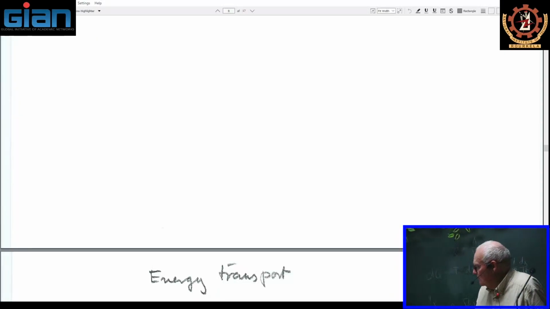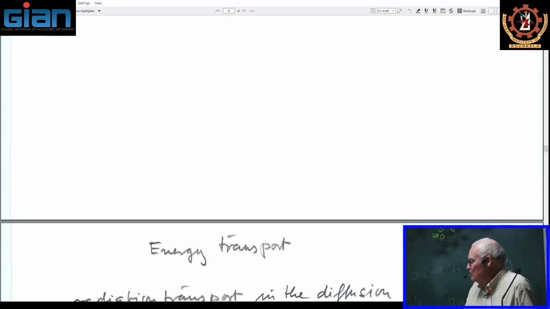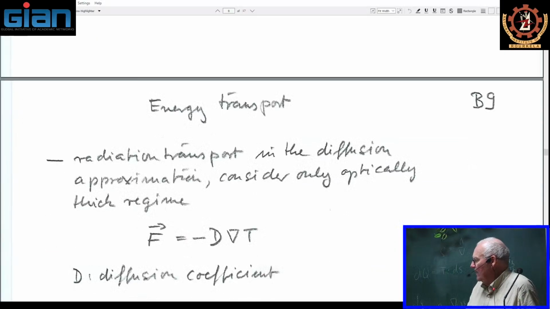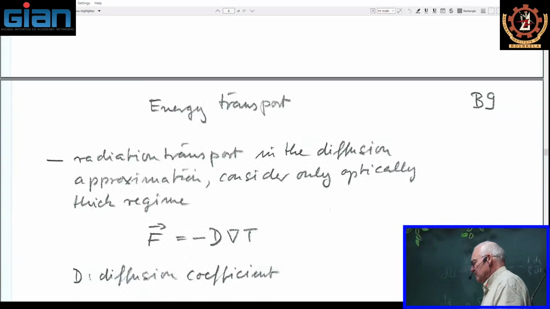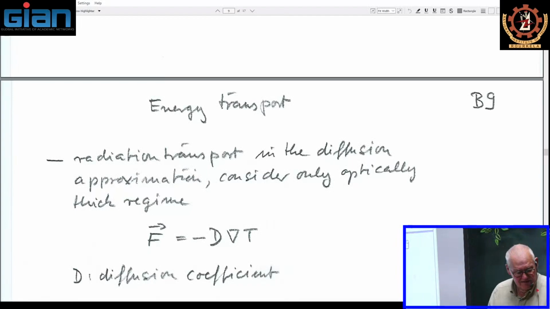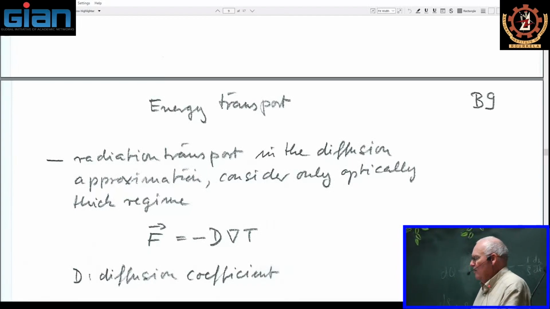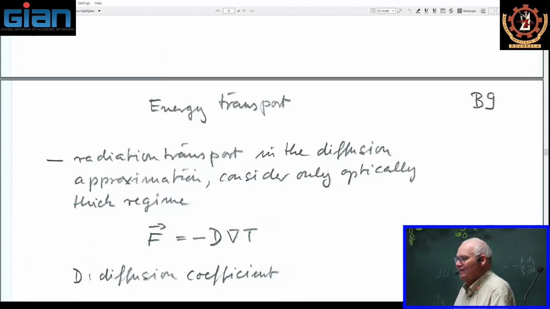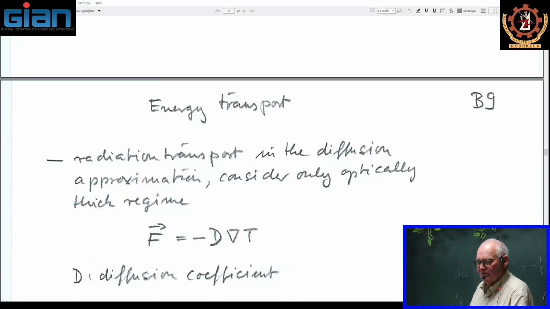So energy transport is the next issue we have to consider, and we will consider energy transport in stars, at least in those environments which are important for pulsations, in the so-called diffusion approximation.